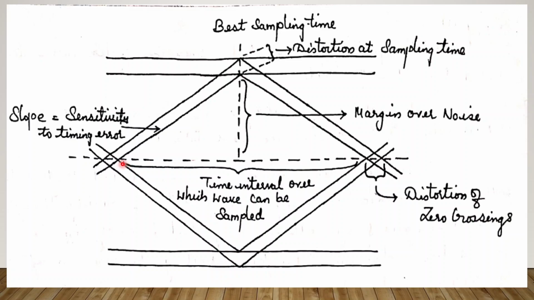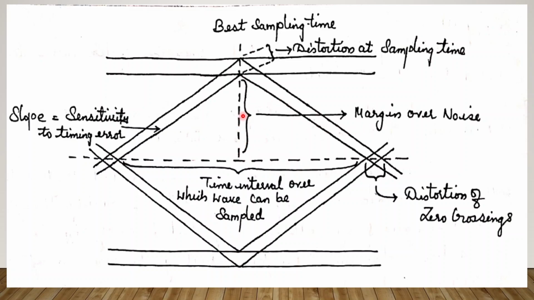This horizontal space, from here to here, gives the best time interval to sample the received incoming waveform. If we sample the incoming signal at this point, this is the best sampling time. This vertical distance gives you the margin over the noise.